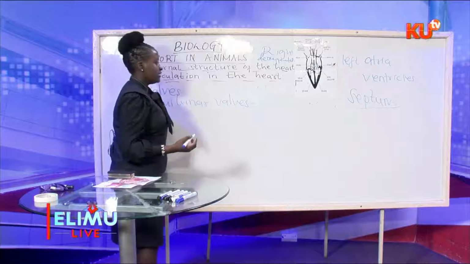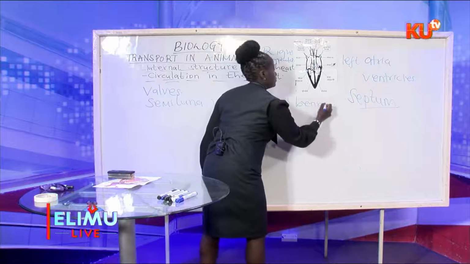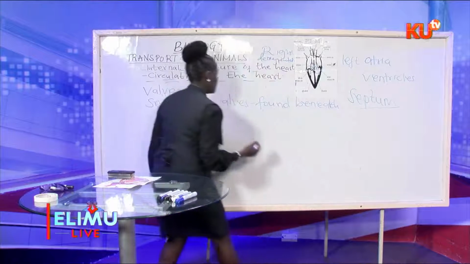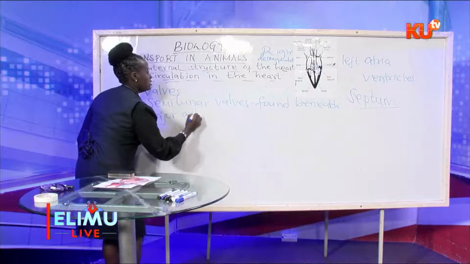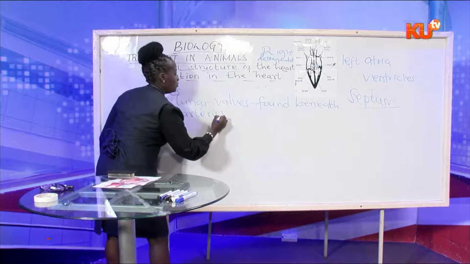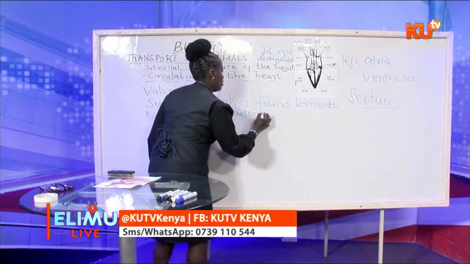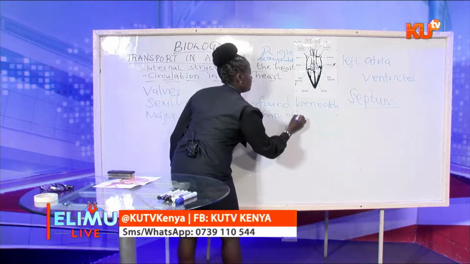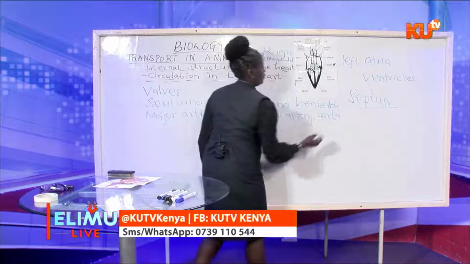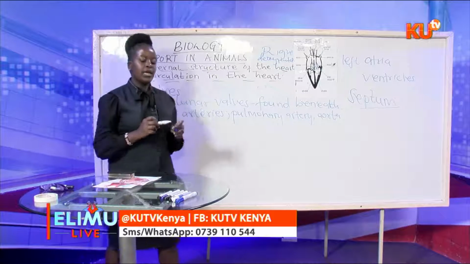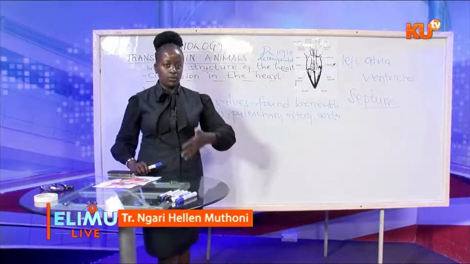You can just note it down that they are found beneath major arteries, and those arteries are two: the pulmonary artery and the aorta. I hope we are together up to there. And I will still remind you that valves are structures that prevent blood from flowing back.